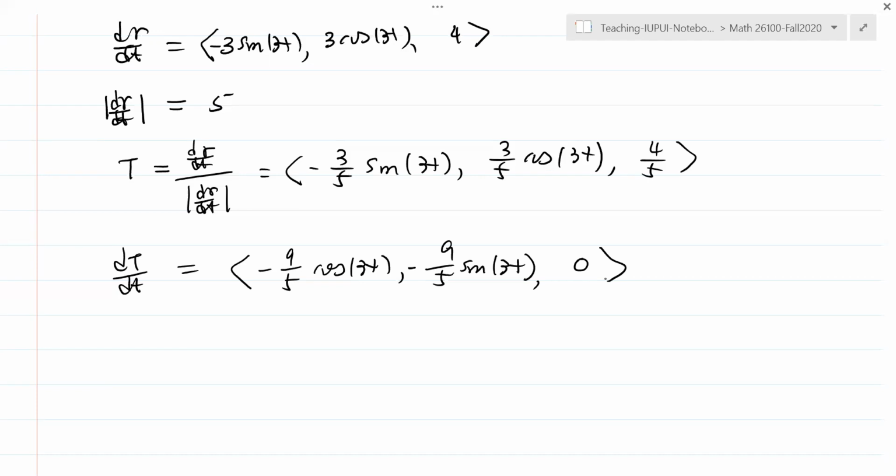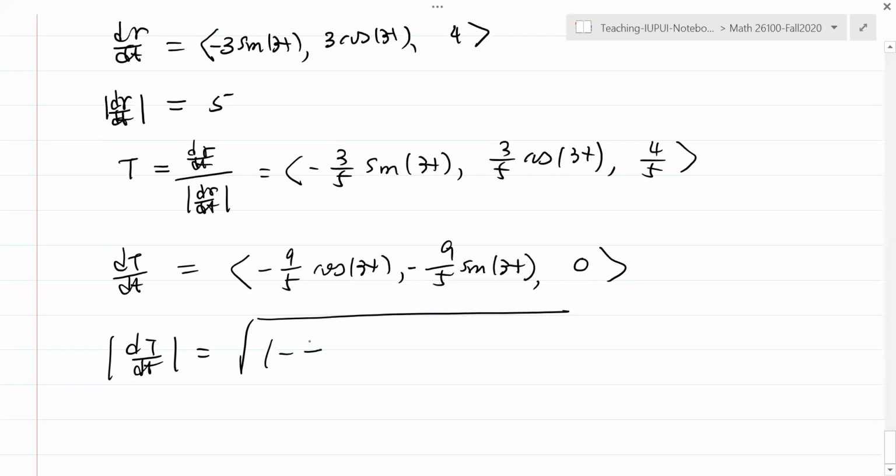So we have to find the length of this again. The length is going to be the square root of the sum of the squares of each term. After you simplify, cosine square plus sine square is 1, so you end up with 9 over 5. It's also constant. Everything's constant. That's good.